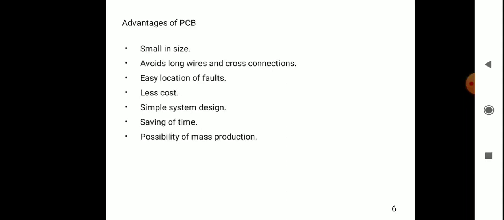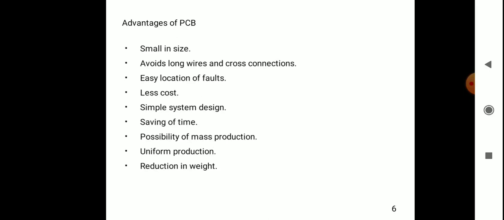You can save time and there is the possibility of mass production. We can produce n number of boards for a particular circuit very easily. The production is also uniform, because this is just like a Xerox copy of one circuit.